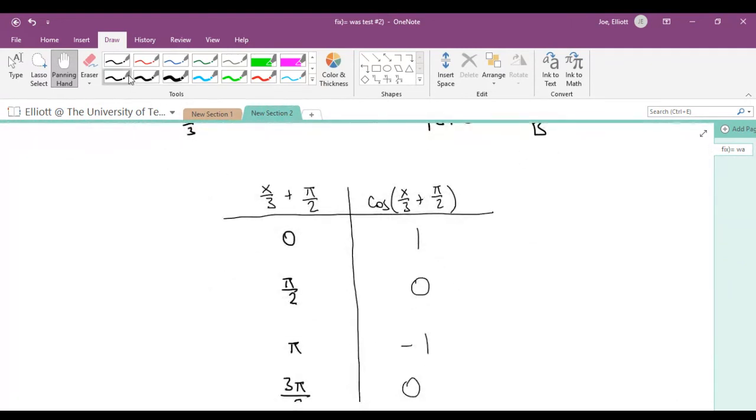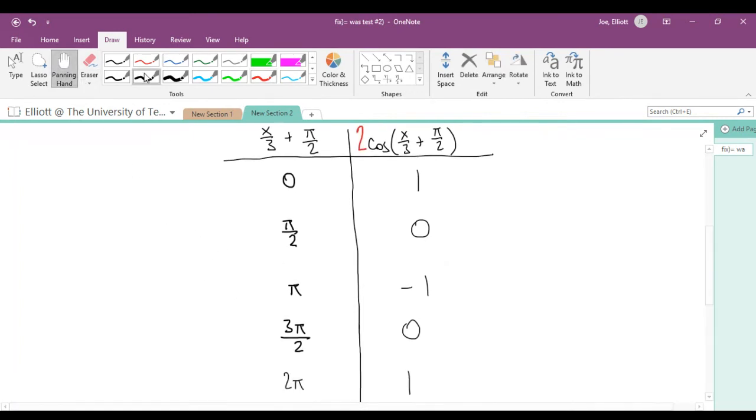So then what you want to do here is multiply all of your cosine values by 2 in order to have the values of your function plotted out. So here what I'm going to do is just multiply everything by 2 in this column.